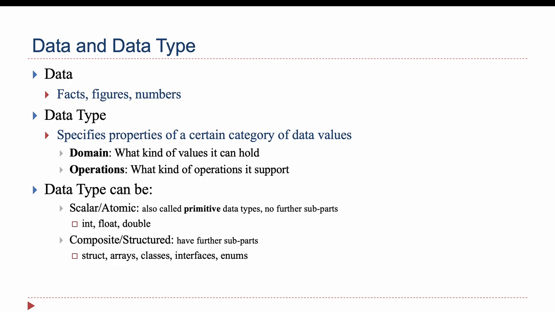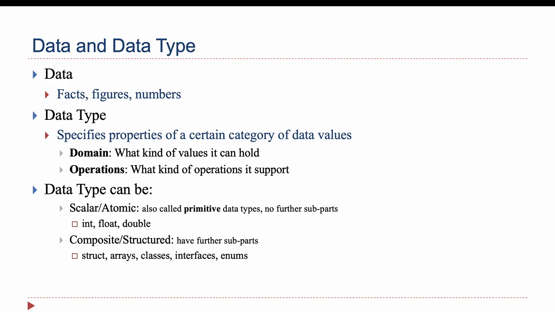However, in computer science, we often need to be more specific about the properties of the data we are working with. This is where data types come in. A data type specifies the properties of a certain category of data values. This includes the domain of the data, or what kind of values it can hold, as well as the operations that can be performed on it.